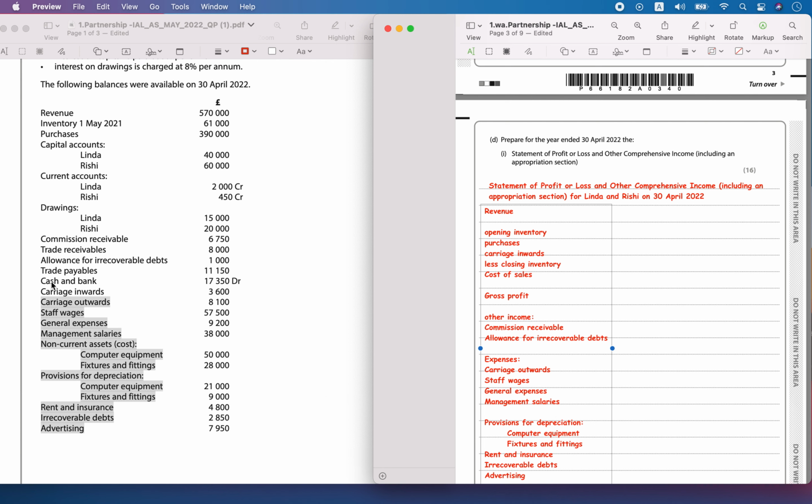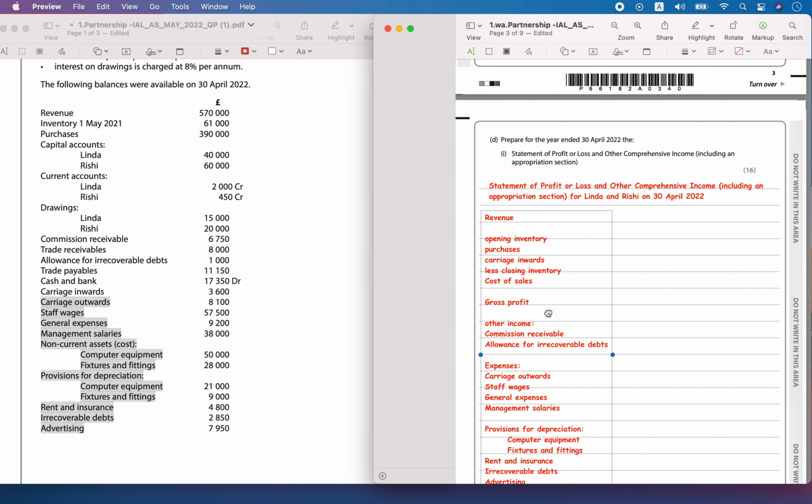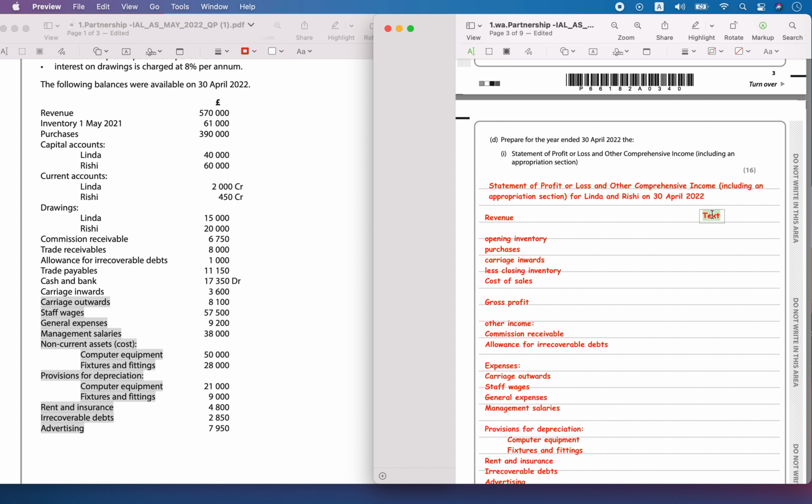Okay, we start from here. All these are expenses. Now let's start putting all of the values here. So first one is the revenue, 570,000.